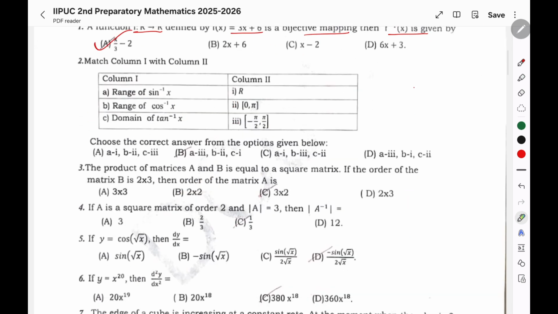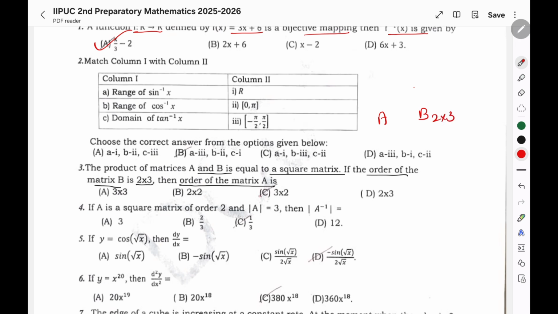Next, the product of matrices A and B is equal to a square matrix. If the order of the matrix B is 2 by 3, then what is the order of the matrix A? Okay, so here we have two matrices A and B, and we don't know the order of A. We need to find the order of the matrix A, but we have the order of matrix B, 2 into 3.